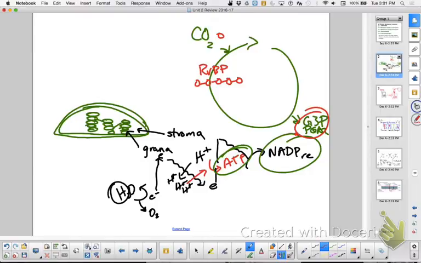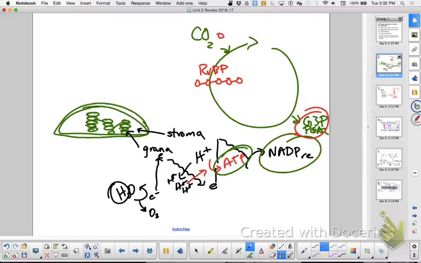3C5 plus 3C1 makes 3C6. Break down to 6C3. Use some ATP. Use some reduced NADP on your 6C3. Take one away, PGAL. And you're left with 5.